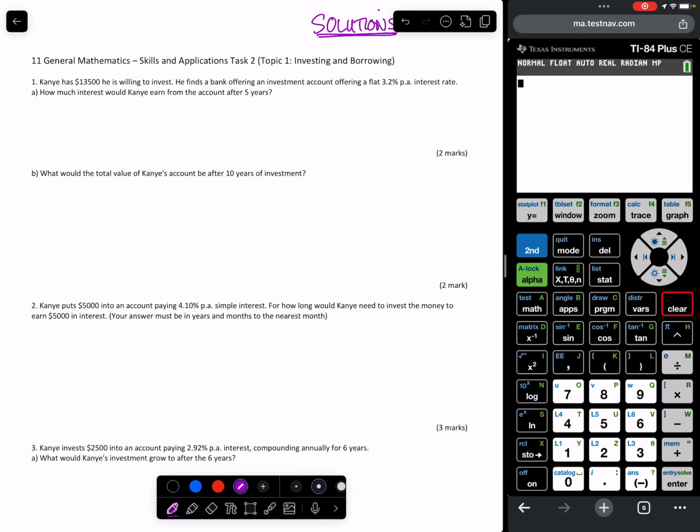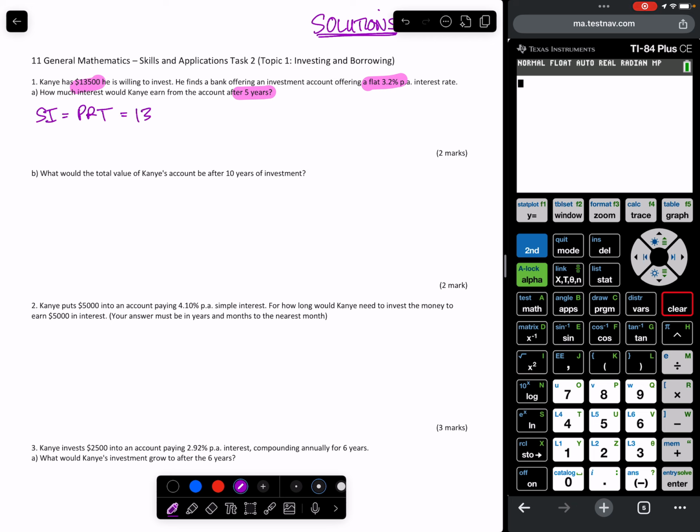So let's get started. Kanye's got 13,500. He wants to invest, finds a bank offering an account that's flat, 3.2% per annum. How much interest would Kanye earn from the account after 5 years? Because it says flat, that is simple interest. So SI equals PRT.